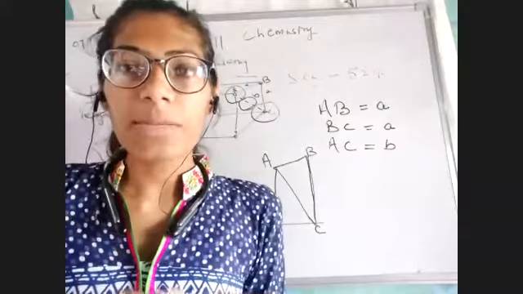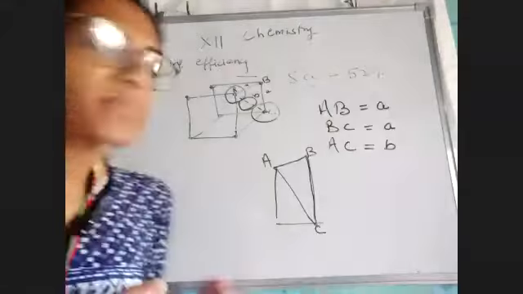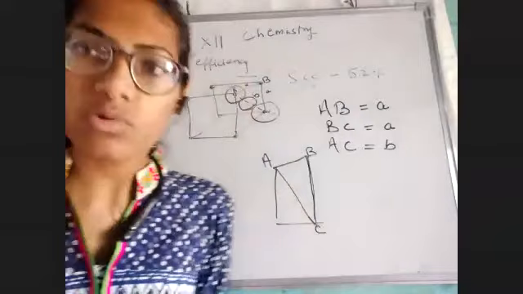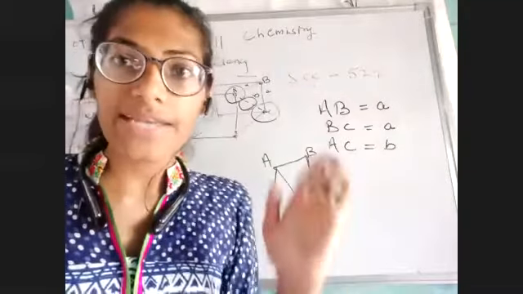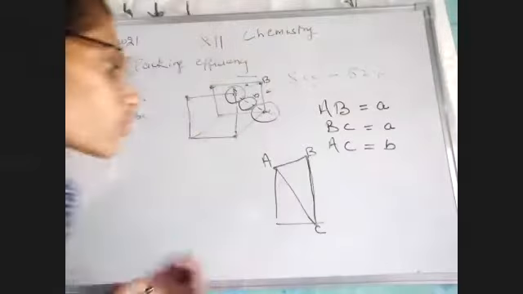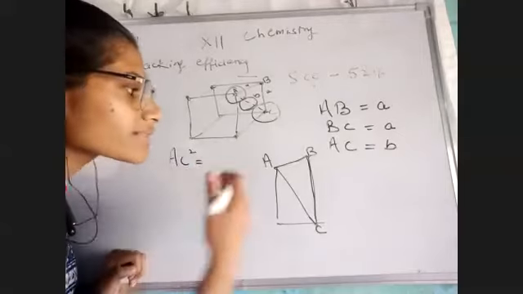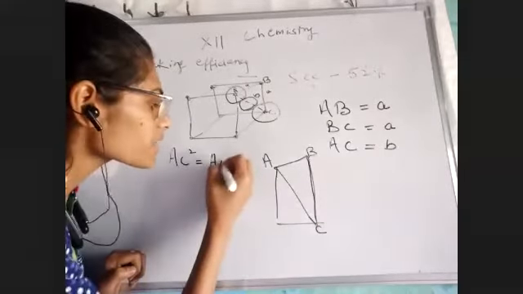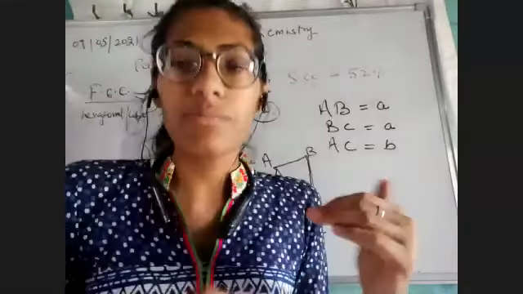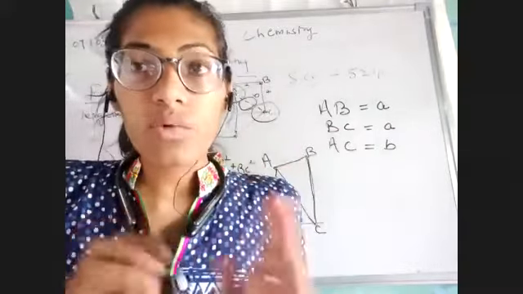In mathematics, we have the Pythagoras theorem, which says that if we have a perpendicular, a base, and a hypotenuse, then AC square, that means the diagonal square, should equal AB square plus BC square, that is, the square of the perpendicular plus the square of the base.